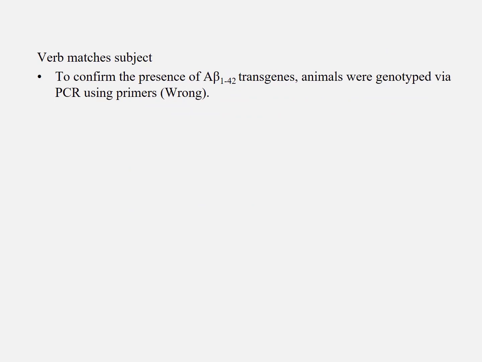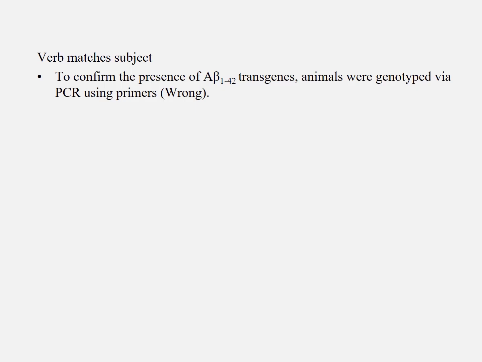Here's another one. To confirm the presence of A beta 142 transgenes, animals were genotyped via PCR using primers. This is very common when people study aging or Alzheimer's disease, A beta.